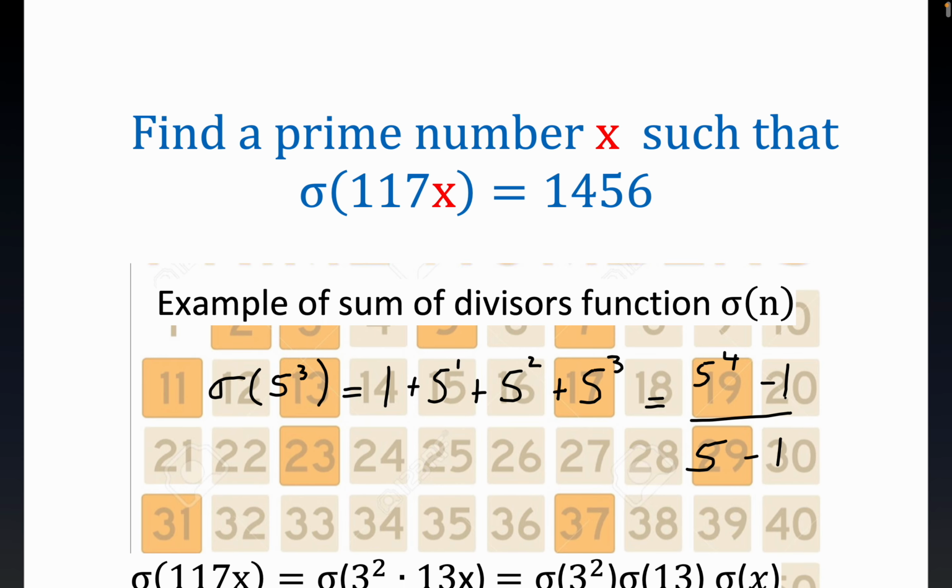Now, let's see what this does for us. That's 625. This is 624 over 4. And that's easy enough to do in your head.